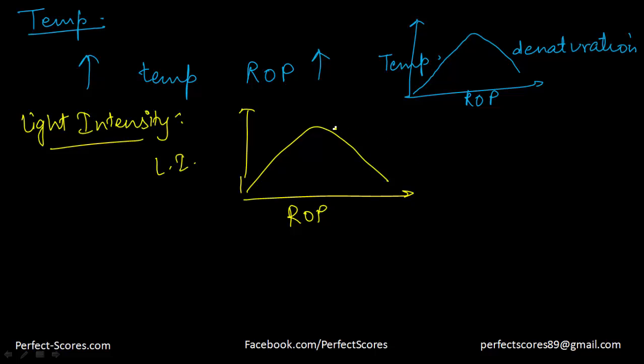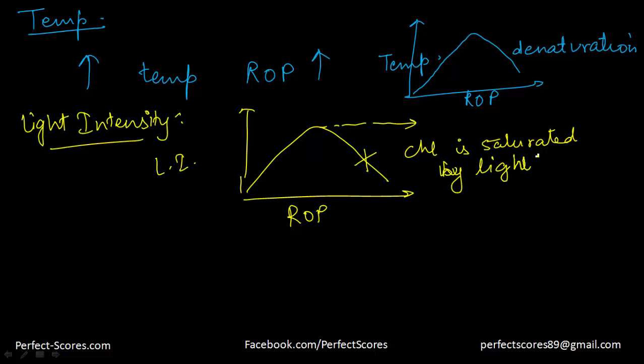Further increase will not have any effect on photosynthesis, so the rate is going to remain like this and not like this. It will not fall down, but it will not have any effect. The reason is that the chlorophyll is already saturated by light. It is working with the maximum capacity, and extra light is not going to increase the rate of photosynthesis.